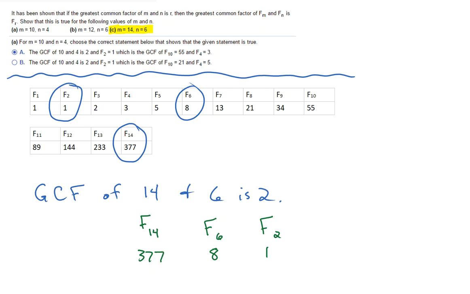So what this property tells us is that the GCF of 377 and 8 is 1. And kind of the beauty of this property is I don't have to figure out what the GCF of these two numbers is. If I know their Fibonacci numbers, I just need to figure out the GCF of their relative position in the Fibonacci sequence.